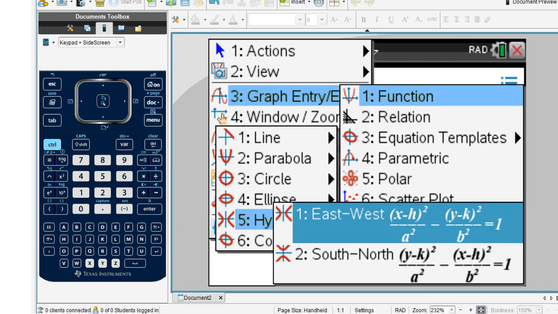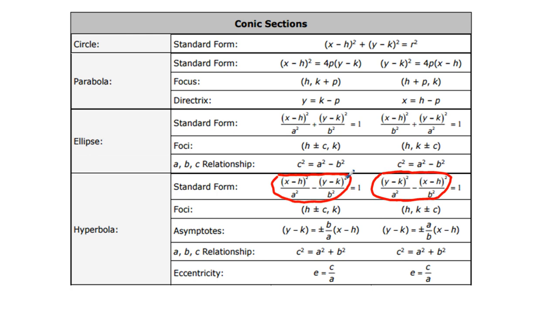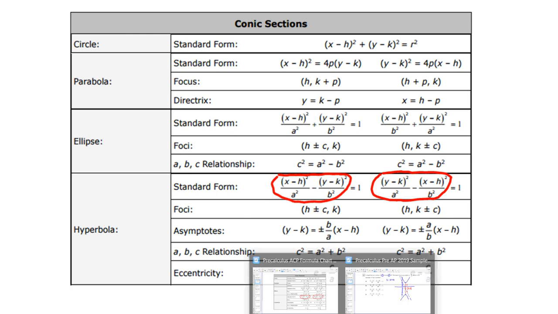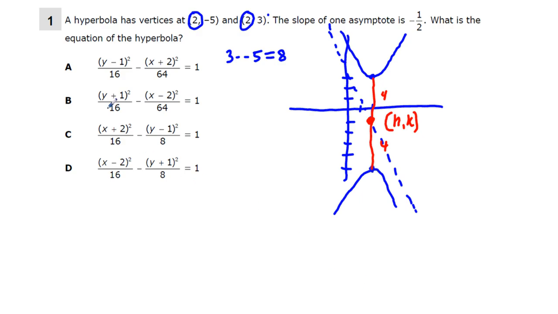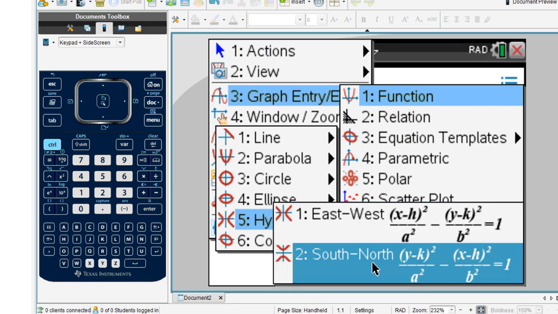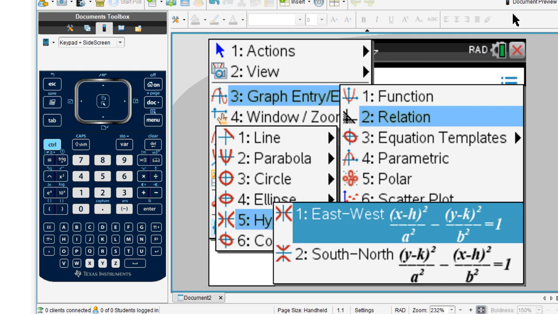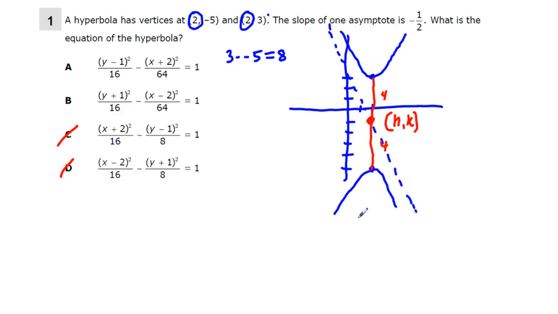So y minus x should be our vertically oriented one. Let me make sure I got that right. Yeah, north-south, y minus x. See the way on the left that icon is? So already we've eliminated C and D.